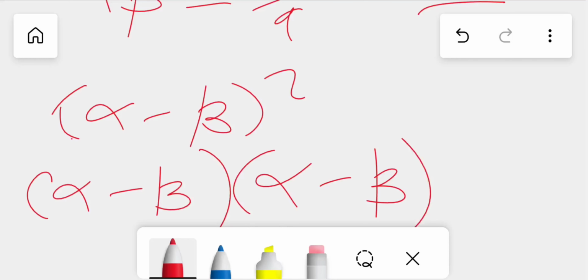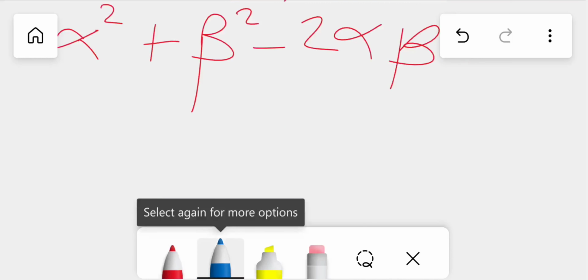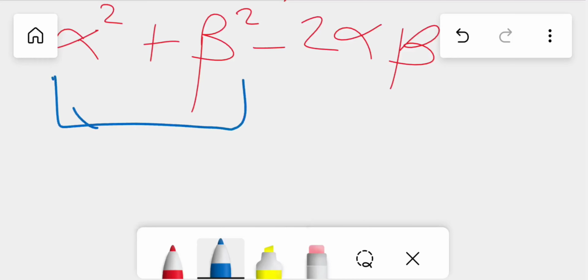We're going to expand this and leave it in this form, and continue from here to find the identities of this same expression.